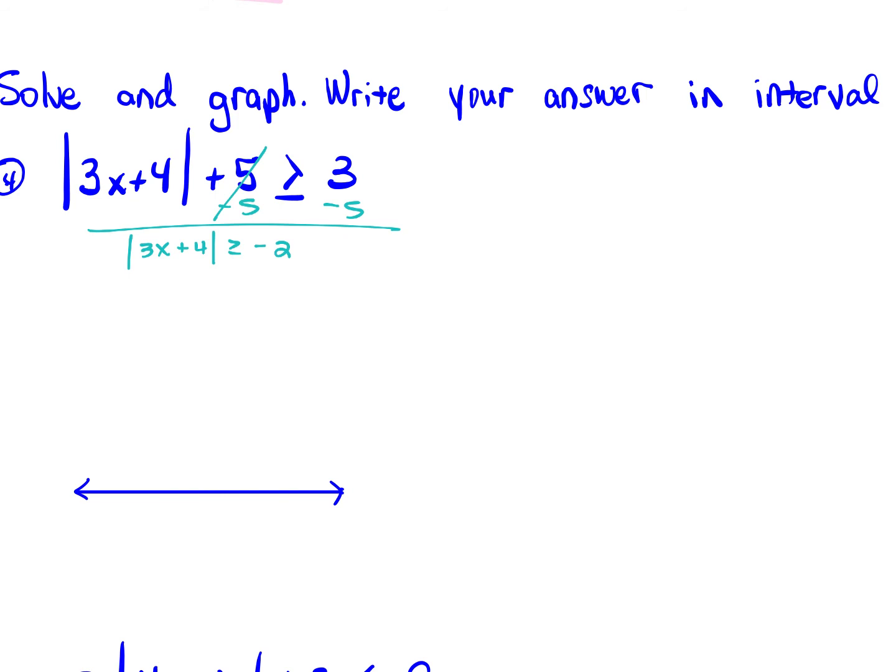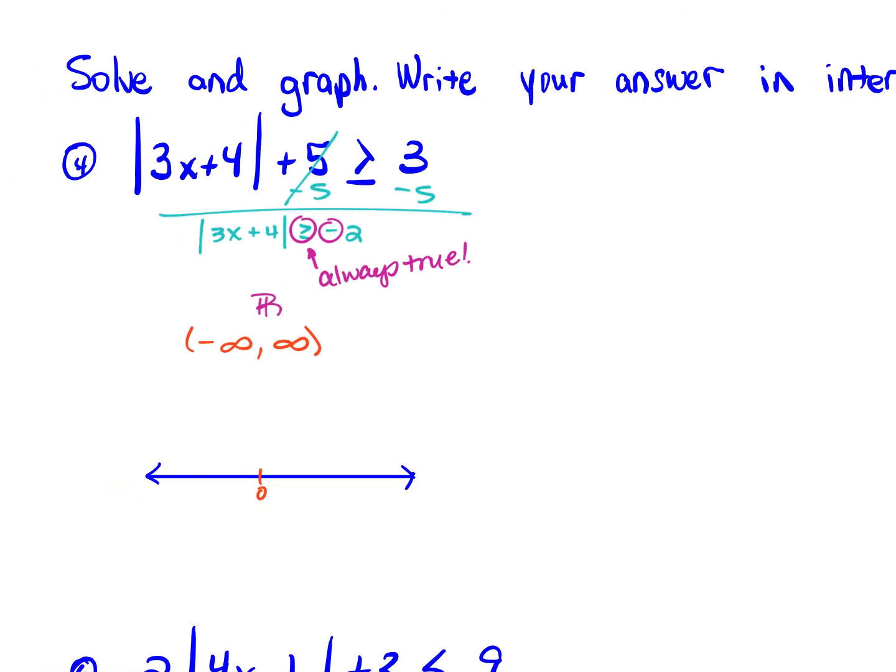So since this is always true, we have all real numbers for our answer, which means in interval notation, it goes from negative infinity to positive infinity. So on the number line, if you were to graph something like this, you would just have a line that goes the entire distance of that number line. But again, your answer in interval notation would be from negative infinity to positive infinity.